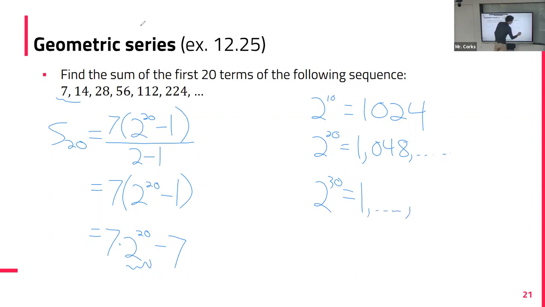So 1,000, 1 million, 1 billion. We're just adding 3 zeros each time it goes up by 10. So just a little pattern. I don't remember the exact number, but that's a general sense that helps you remember it.